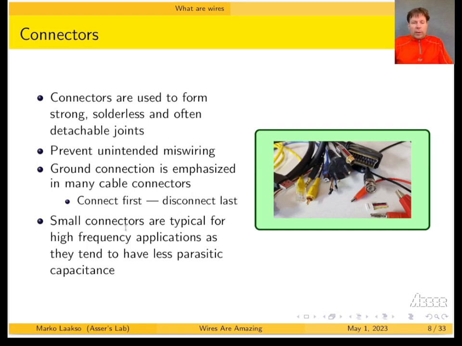Then small connectors are typical for high frequency applications, as they tend to have less parasitic capacitance. For example, if you have coaxial cables, you may have smaller connectors for higher frequencies, and then you may have, for example, these BNCs for lower frequencies.